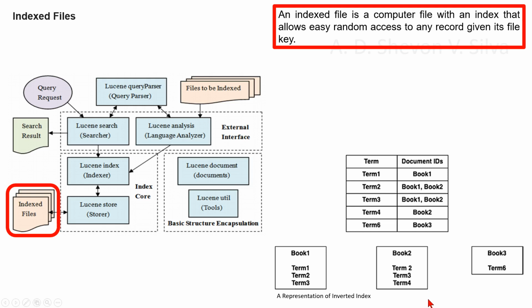An inverted index is a data structure used to store data in an inverted manner. That is, terms are mapped to the documents in which the terms appear. Any unique term appearing in any document is made part of the inverted index.